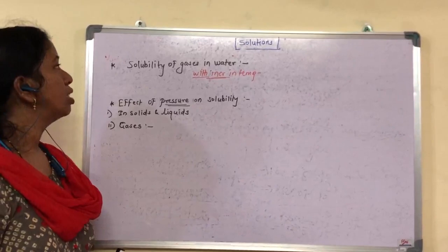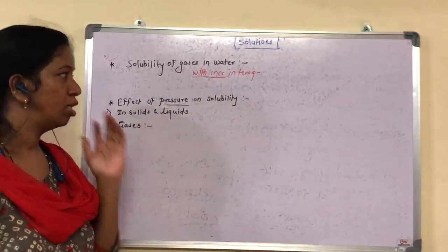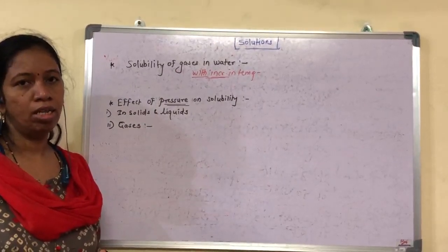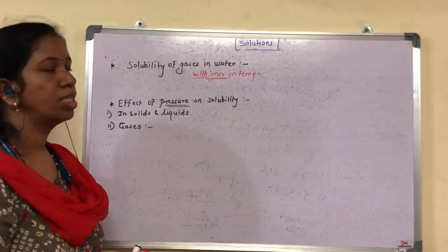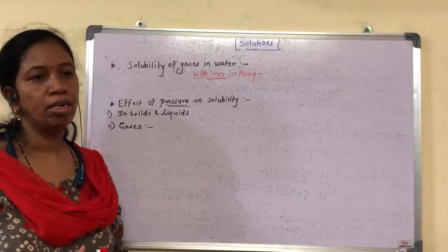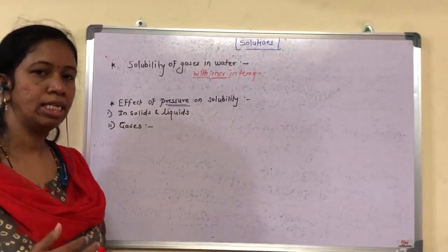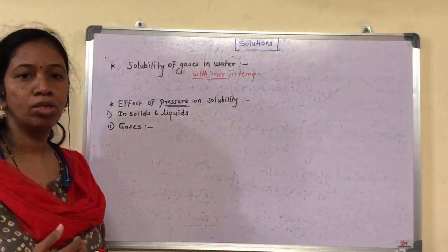Now we see the next new point, the solubility of gases in water with an increase in temperature. Last year we studied Charles's law, that as temperature increases, volume increases. So when the temperature of gas molecules increases, the volume of gases also increases.